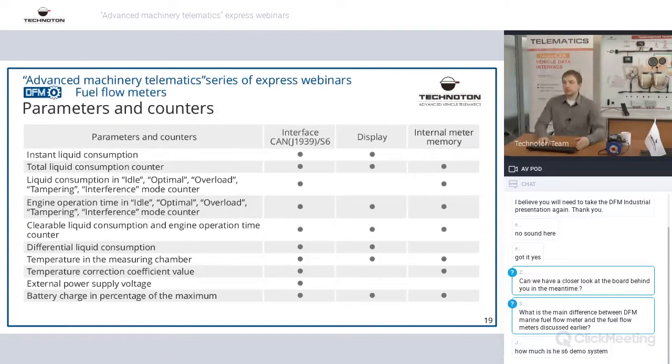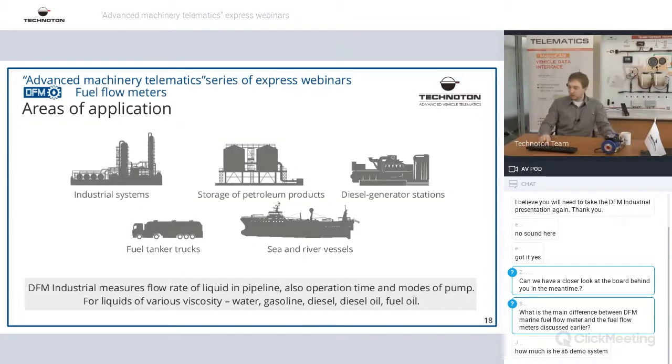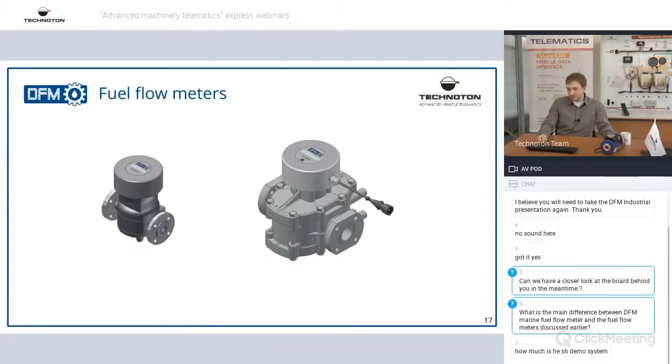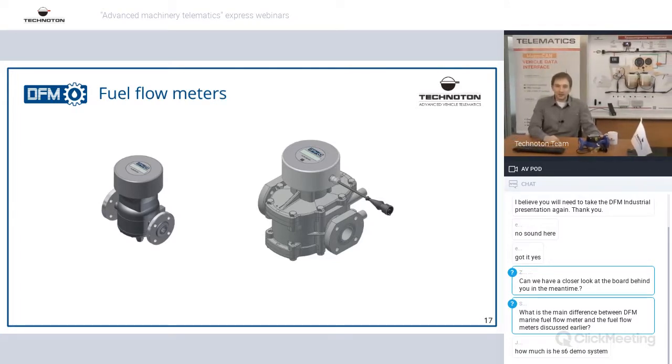The same number of parameters and counters that we can get, like we reviewed earlier on DFM Marine. Also, DFM Industrial goes autonomous, just with a display, without any output interface, and also DFM Industrial goes with a display and output interface.